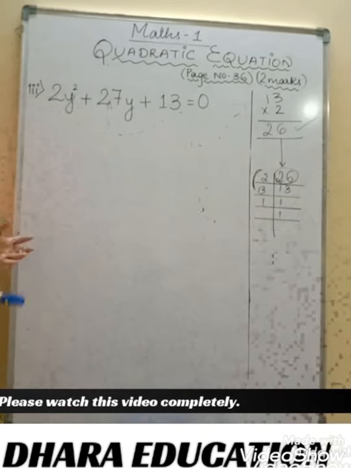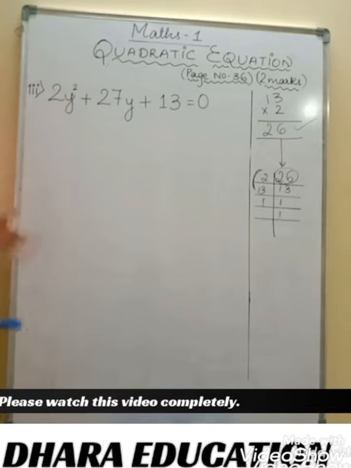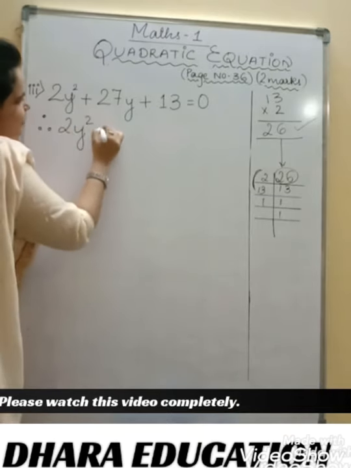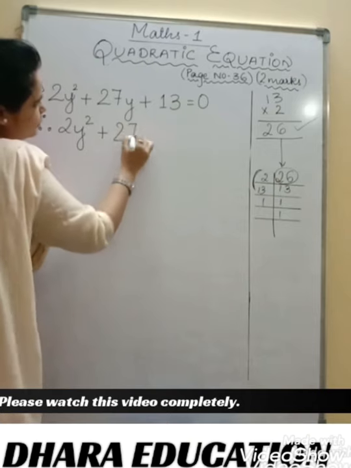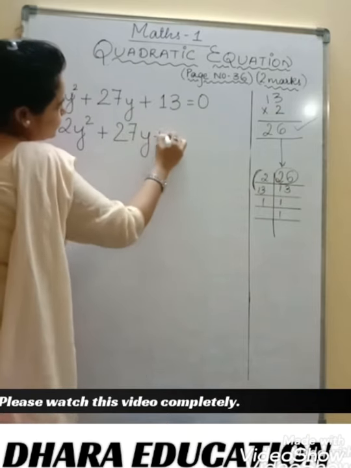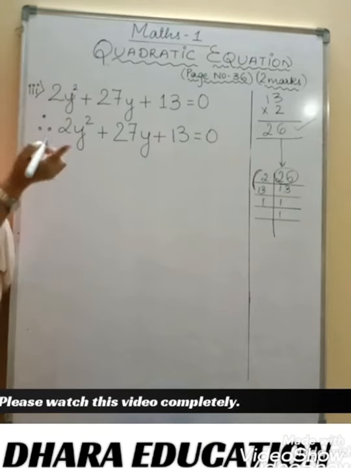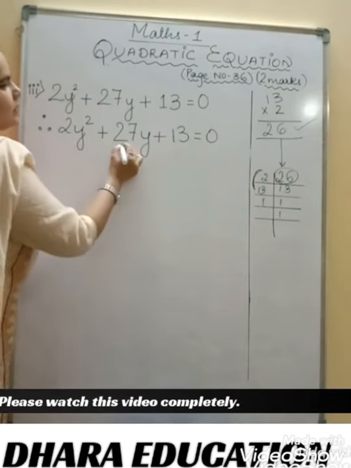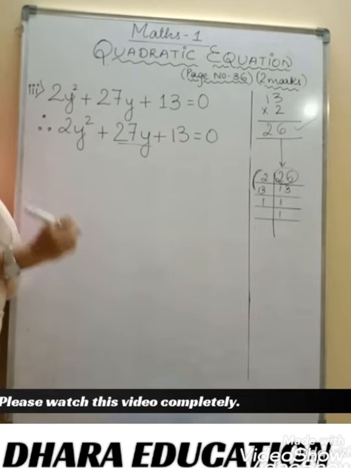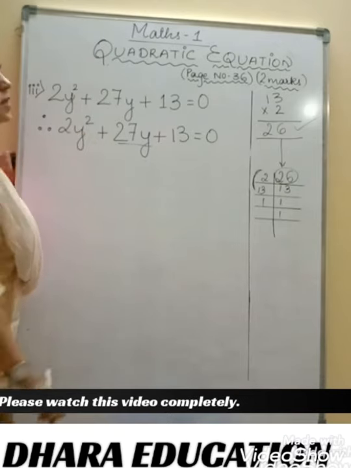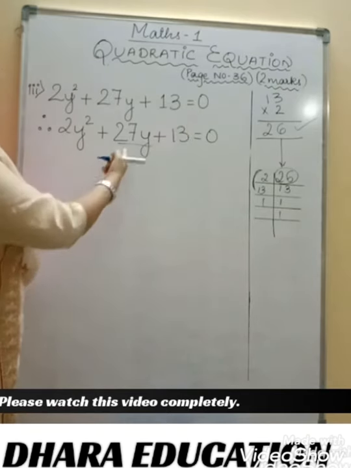Alright students, let's continue and begin our sum. The very first step is to write exactly whatever is written in your question. Then, by splitting the middle term, as I just spoke about, 26 plus 1 gives you 27.